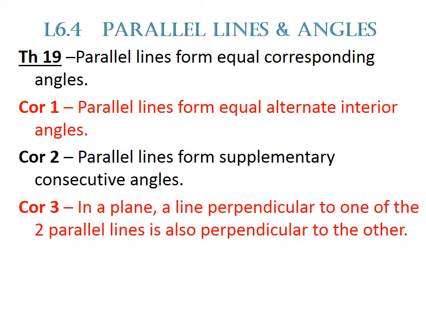So, again, if they're not parallel, you have to use Theorem 17. If the lines are parallel in the beginning, you have to use Theorem 19. Otherwise, the two theorems and their corollaries look very much alike. Please make sure when you use these corollaries, you reference back to Theorem 19 or back to Theorem 17, depending on which theorem you are referencing.